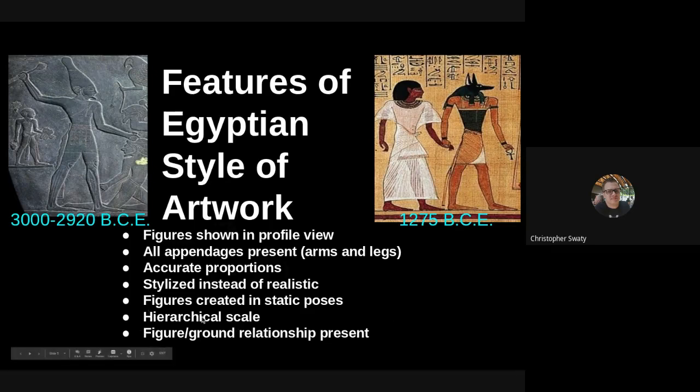They're using hierarchical scale, which here is you see how this guy's really big and this guy's small. And that just means he is more important than the little feller over there. And they are not just floating in the matrix, as Van Horn likes to call it. There is a figure ground relationship.